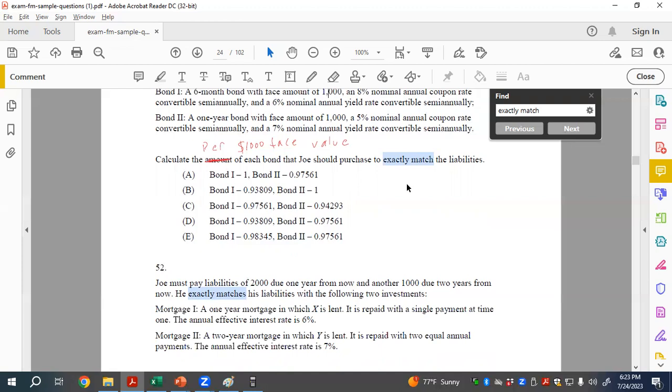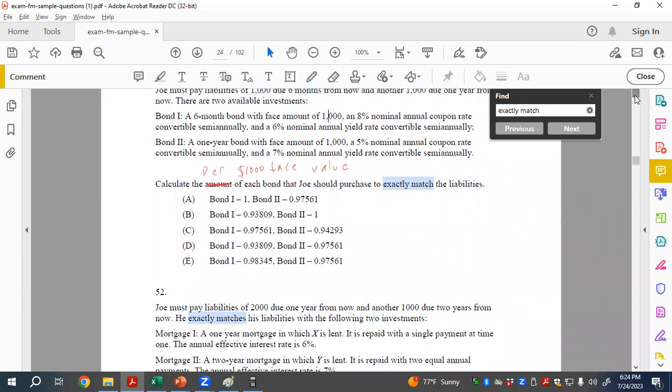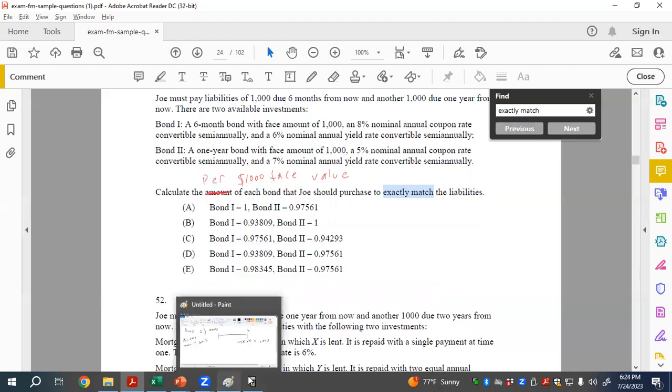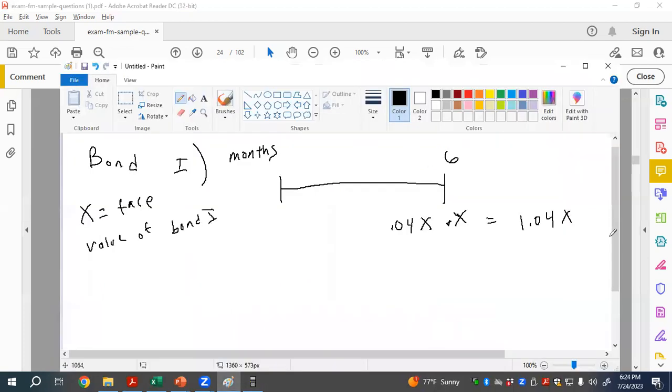We need a portion of bond 1 and a portion of bond 2 to make the first 6-month liability. So let me just write stuff out for bond 2, and then I'll start matching liabilities in a second.